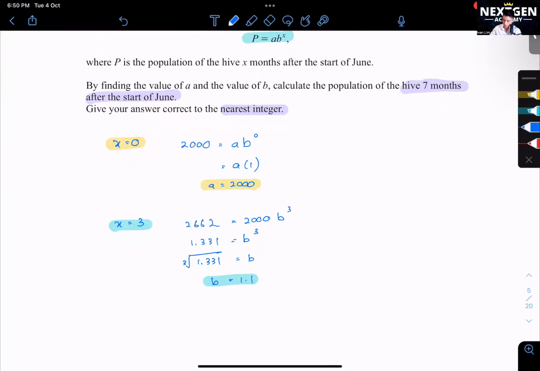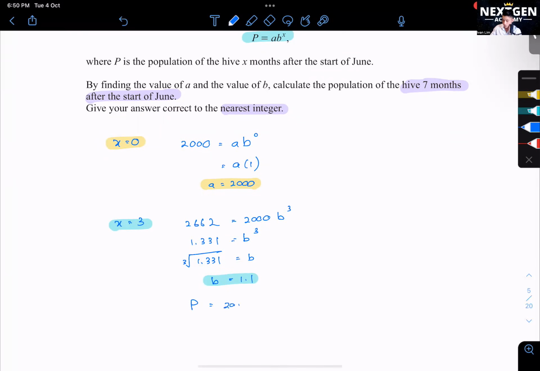Okay, so your equation will be P equals 2000 times 1.1 to the power X, right? So this is my equation. Now they want us to find the hive 7 months after the start of June.